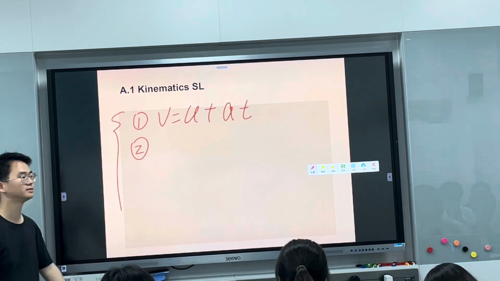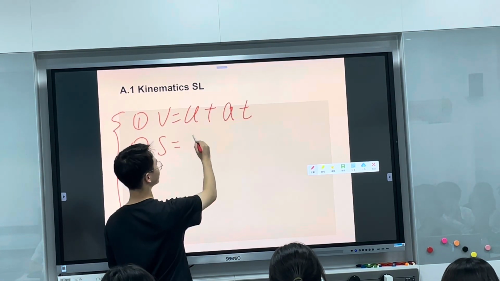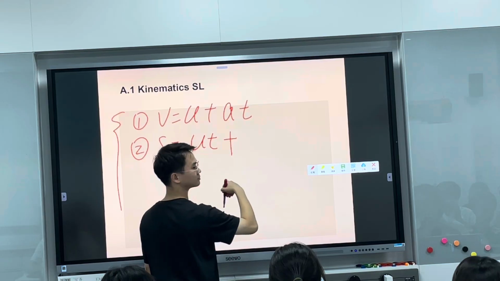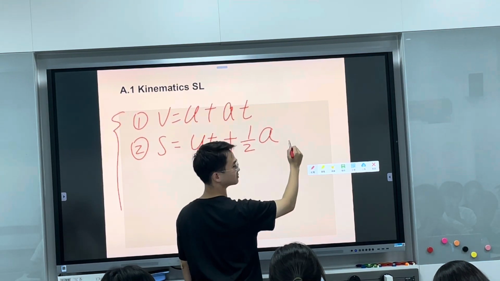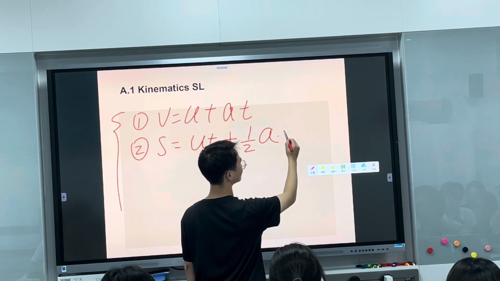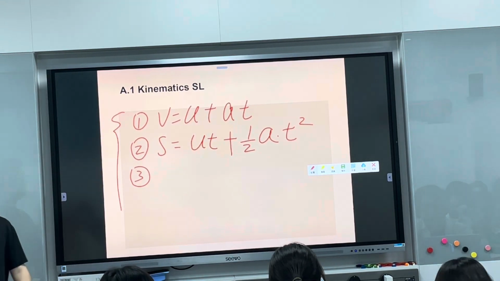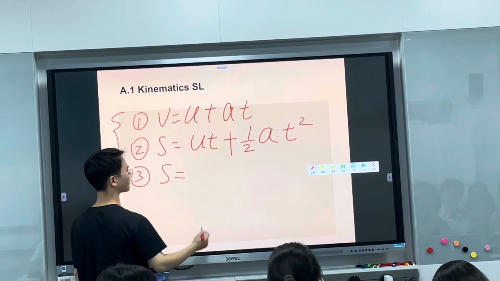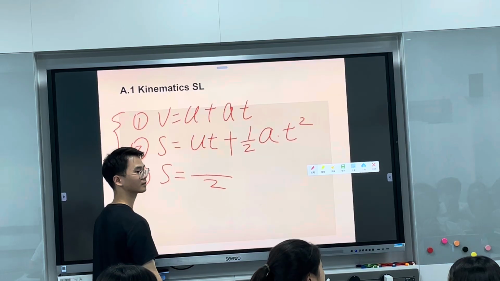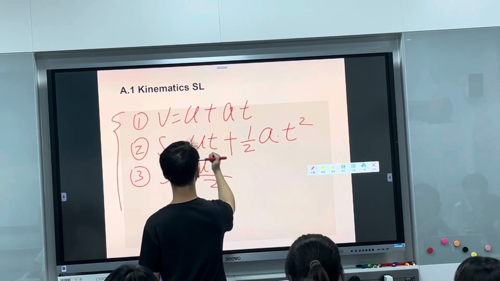Alexander. S equals UT plus 1/2 A times time squared. Very good. Number 3. S equals 1/2 U plus V times T. Mm-hmm.